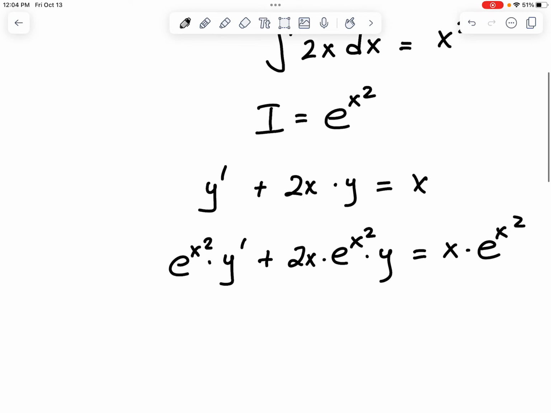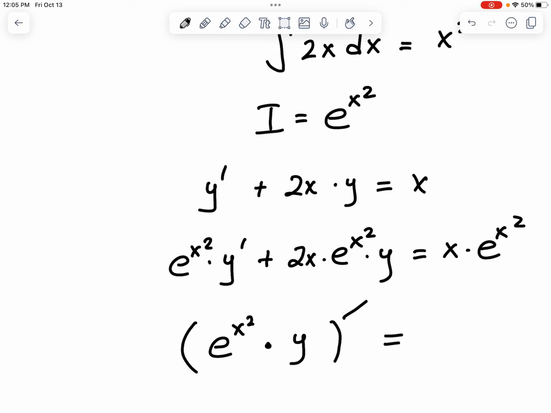And then remember that when you get to this point, basically the left side came from somebody doing the product rule. And the product, you can just use these two guys, but just take the y prime off of the y. So it's e to the x squared times a y that somebody did the product rule on.